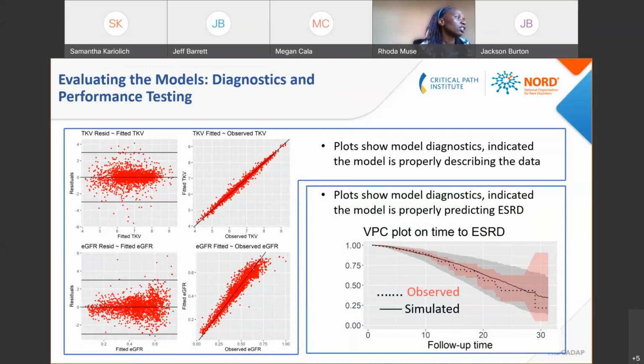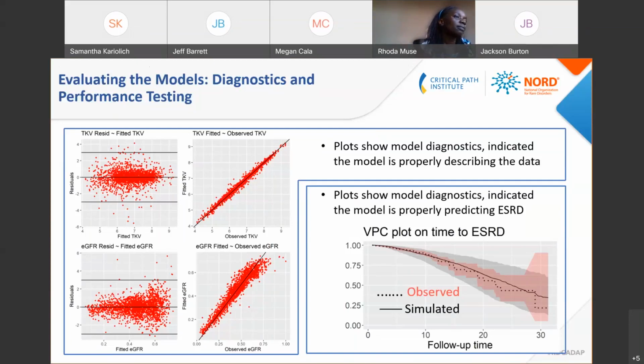For example, the residual plots are supposed to be symmetric around the mean, and we can see that was the case for both TKV and EGFR. And the predicted fitted TKV versus observed are supposed to be around the symmetric line, and most of the values are concentrated around the symmetric line. So the model appears to be properly describing the data based on these diagnostics.